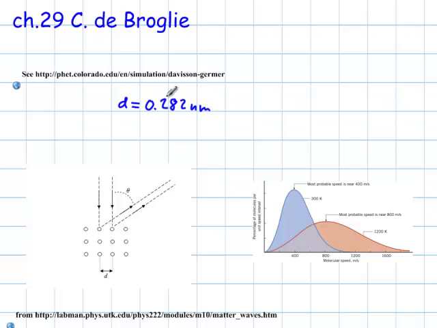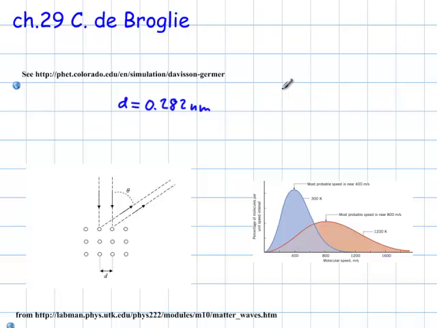That could be computed by taking the density of table salt and looking at how much volume it takes up, then dividing that by the number of moles in there, and taking the cube root because it's three-dimensional, and coming up with that. Indeed, the spacing between the atoms has to be 0.282 nanometers. And again, the reason is that the wavelengths of particles such as molecules and electrons are in that neighborhood for normal temperatures.